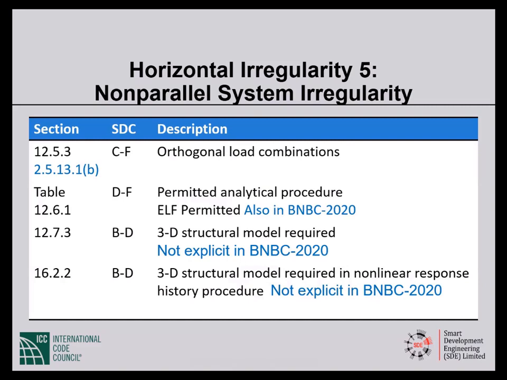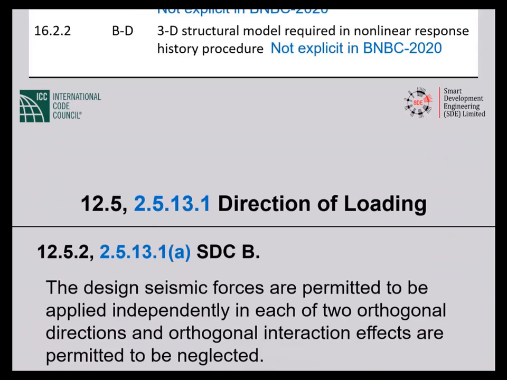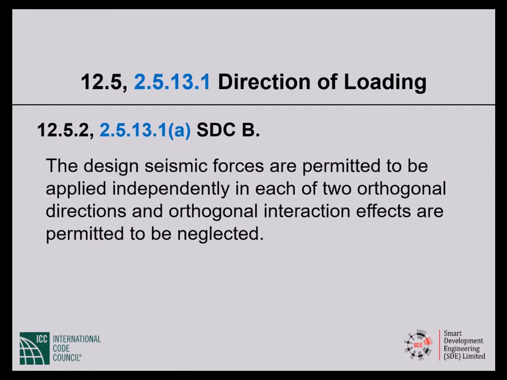Then permitted analytical procedure, equivalent lateral force is permitted by both documents, ASCE 7-05 and BNBC. The 3D structural model required not explicit in BNBC, and the same thing is true of 3D structural model in nonlinear time history analysis. Now, these orthogonal effects or direction of loading must be a consideration when you have type 5 horizontal irregularity.